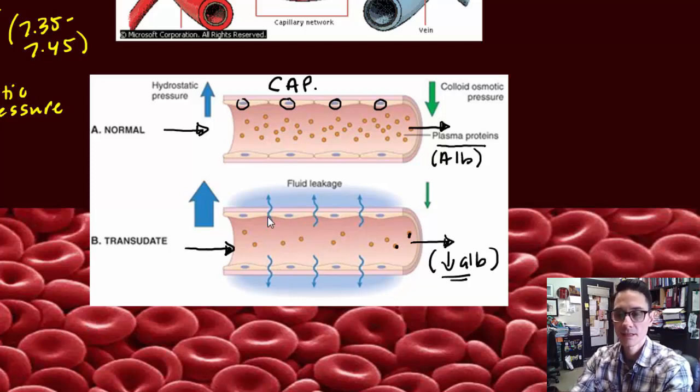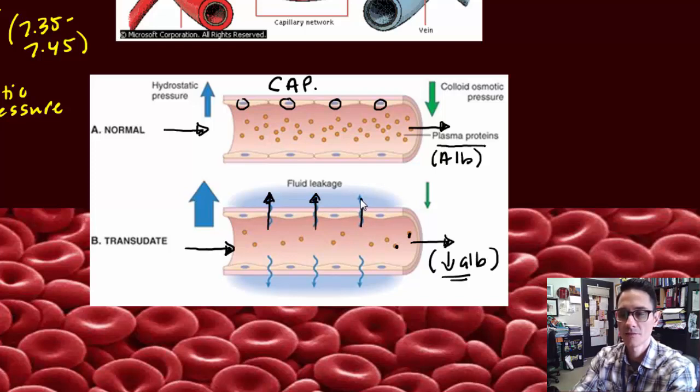At the capillary level, when we're delivering nutrients and blood gases to tissues, the fluid pressure inside the vessel, remember, fluid inside that vessel pushes on the walls of the vessel, is actually high enough that it forces some fluid, some plasma, out into the tissue space.